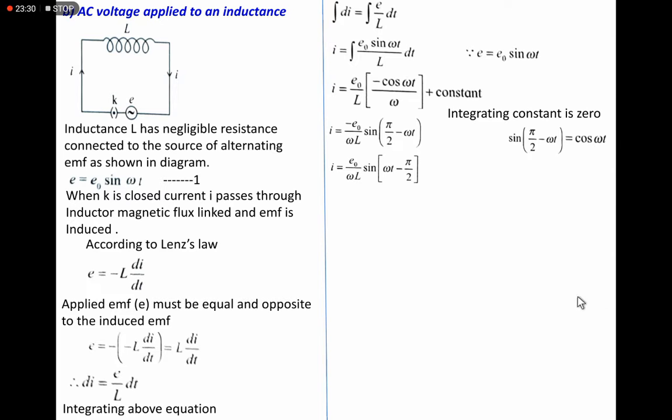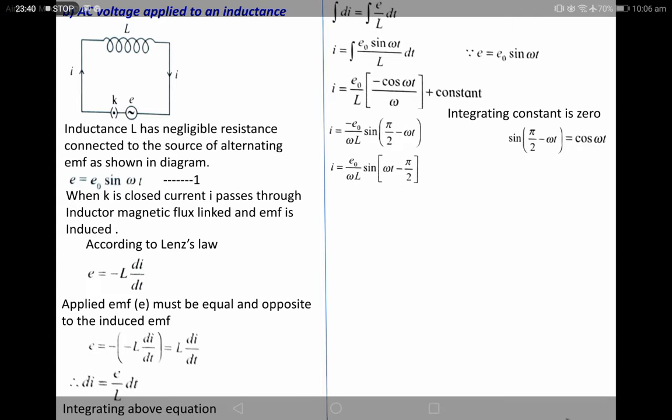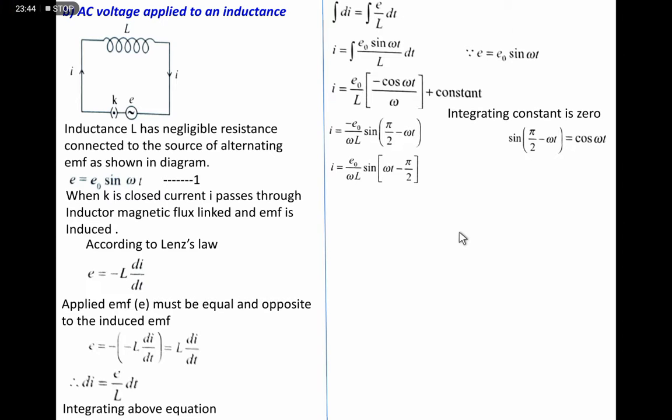I repeat, the minus sign is common from the bracket, so minus minus becomes plus, and inside the bracket we write omega t minus pi by 2. So this is the value of the current which is generated in the inductance coil, the AC current.